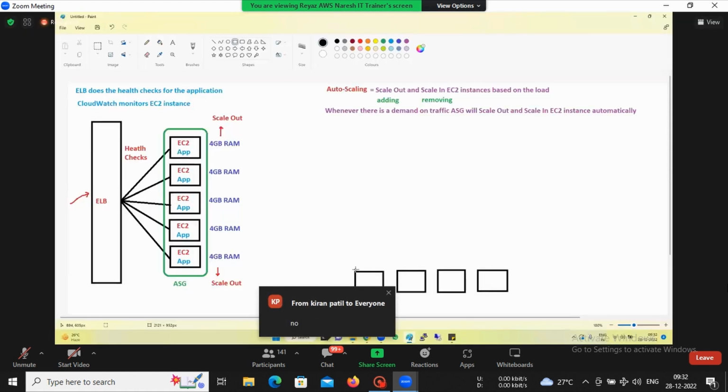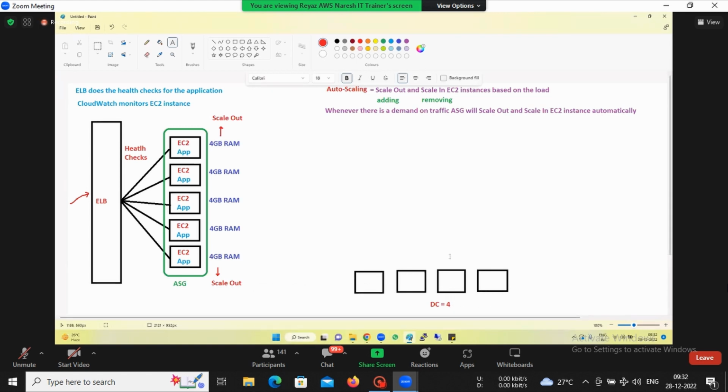No, it is purely based on the requirement. So if your requirement is heavy, you just think and then have the number of EC2 instances that you can launch initially. That one I call DC, desired capacity. What you desire, guys, your wish, how many EC2 instances you need, that is your desired capacity.